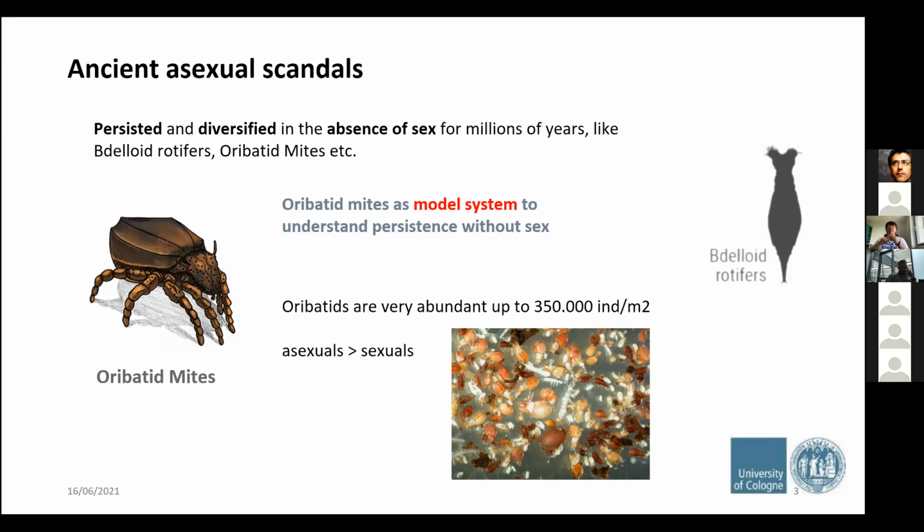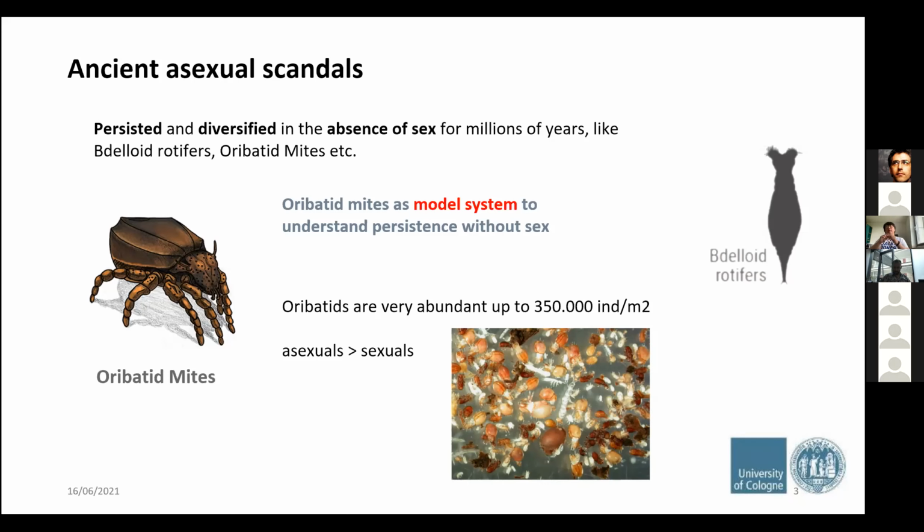They are called ancient asexual scandals. The bdelloid rotifers have been used for research about asexuality in the last decades. But a few years ago, research found some evidence for recombination. So there must be some kind of cryptic sex among them. So we chose the oribatid mites to be a model for our study.